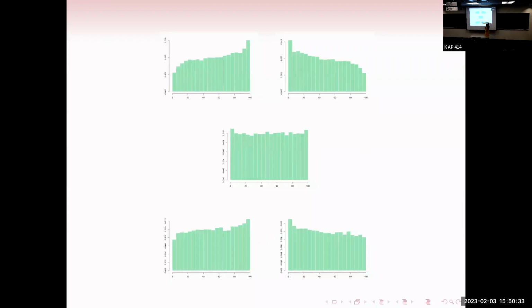This is for P equals 0, P equals 1, P equals 0.5, 0.25, 0.75. And these are the distributions for the last car. As you can see, there is symmetry here. P equals 0 and P equals 1 are symmetric as expected, and 0.25 is symmetric with 0.75.